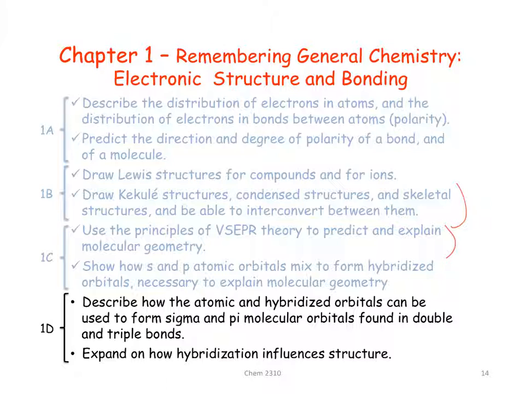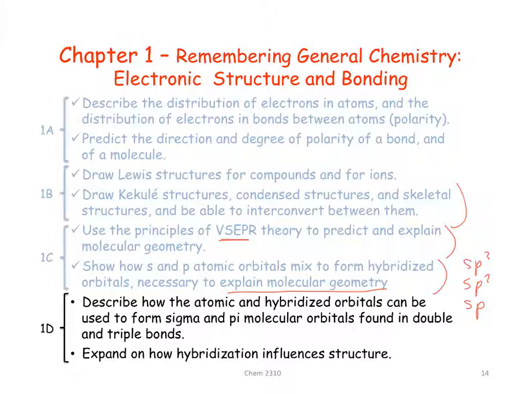If we have 3 pairs, they're going to go to a trigonal planar, and if we have only 2 sets of electrons, they're going to go linear, and this is described by VSEPR theory. We learned too how we can mix together s and p atomic orbitals to give us either sp3, sp2, or sp hybridized orbitals, which allow us to explain the different molecular geometries.